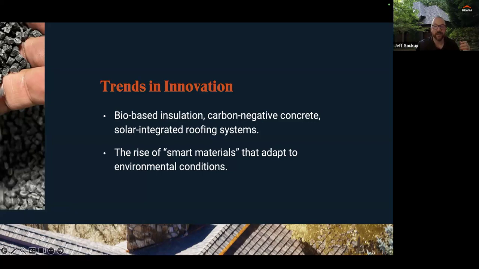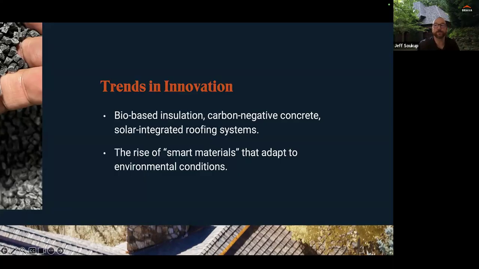I wouldn't say I'm a Luddite, but I feel like I don't need technology in everything. But some materials that are coming out will have monitoring or are smart so they can be adaptive. There are going to be some really great smart materials that come out that will change with environmental conditions.